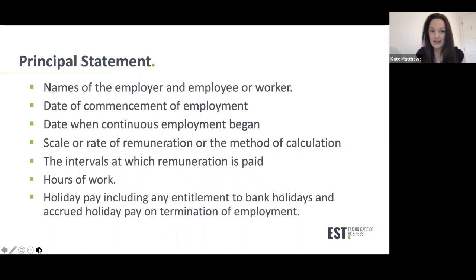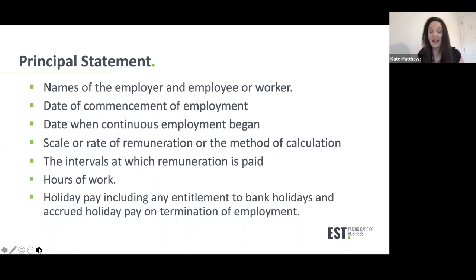Also important to note that holiday pay, if you are a business that pays commission, or you're a business where an employee routinely works overtime, those things become part of their normal remuneration. So when they take a holiday, you need to not pay them just at their basic pay.